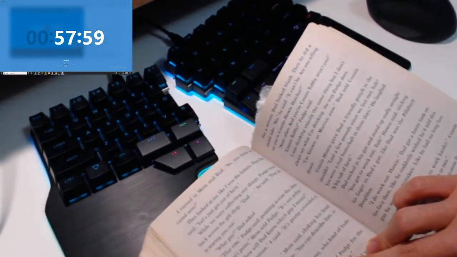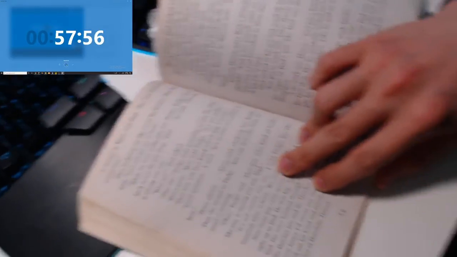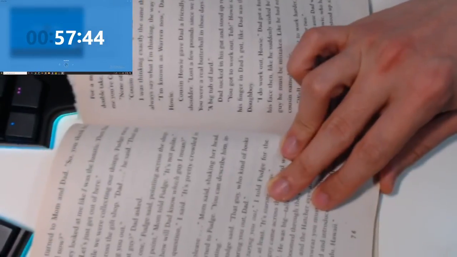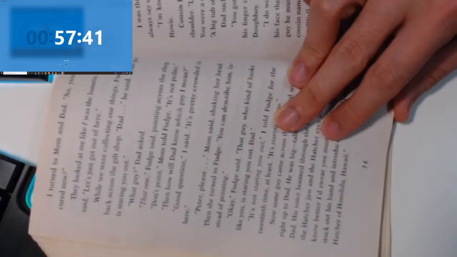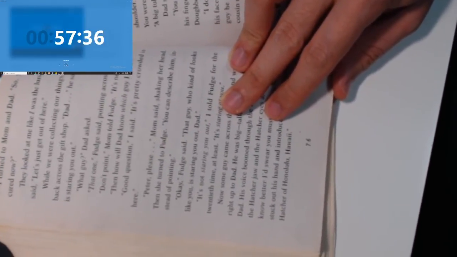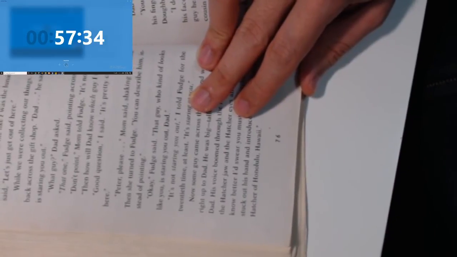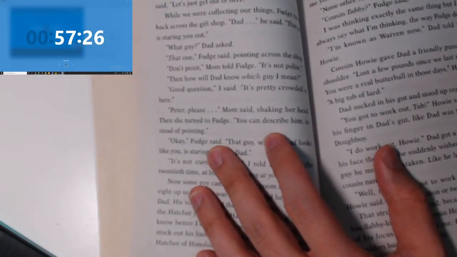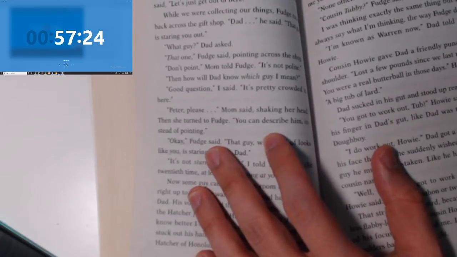Would it be better if I put this one like this or like this, so I can change the angle like this. Now it's very clear. Maybe I can try it this way.